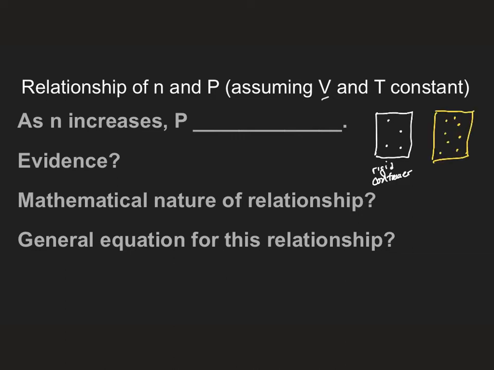If I increase the number of particles by adding more moles, in this case I've doubled the number of moles, then the pressure is also going to increase because I have a greater force due to more collisions on the same area. This is also a direct relationship, and we can write the relationship this way: volume over temperature equals a constant.